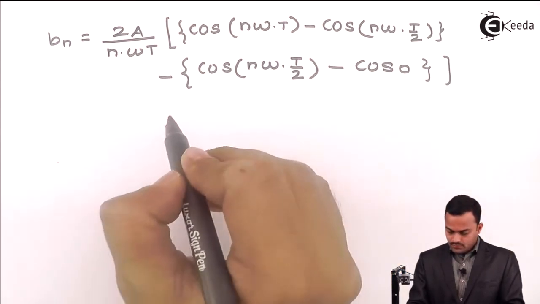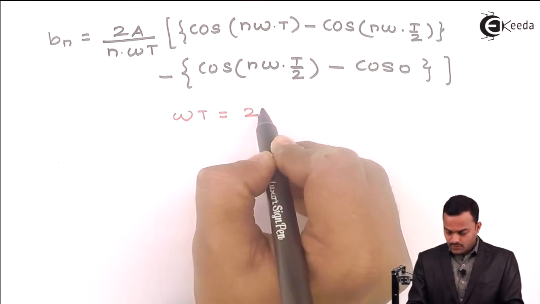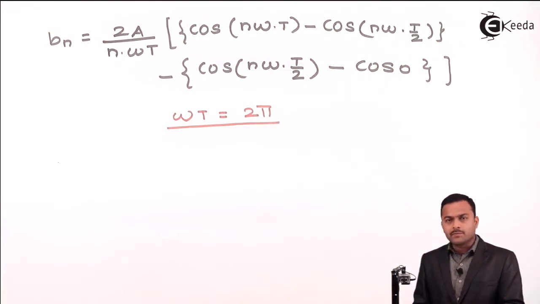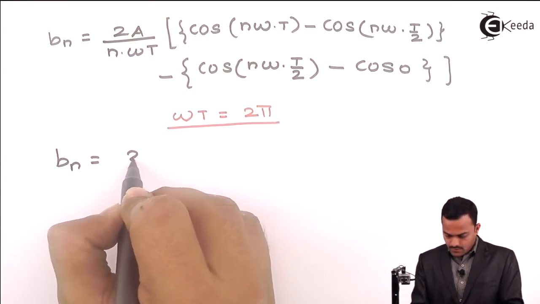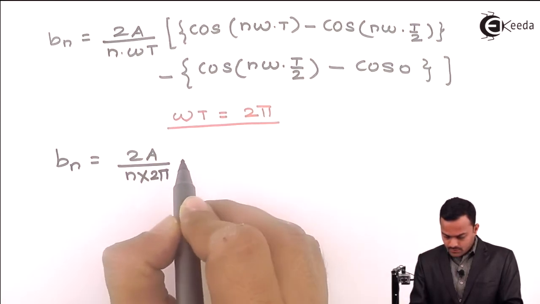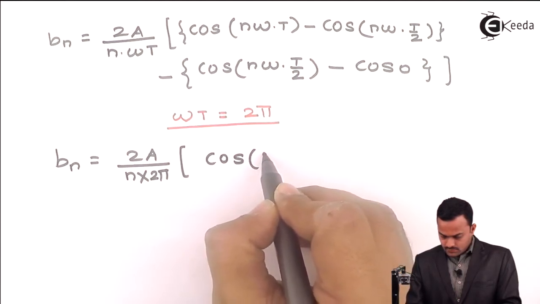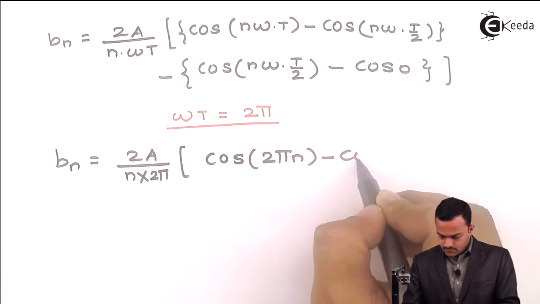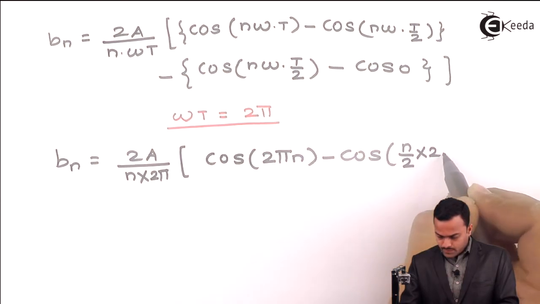Now since we know omega capital T is nothing but 2 pi, wherever omega capital T is there, we will replace it with 2 pi, so that we will get Bn as 2a upon n into 2 pi, bracket cos 2 pi n minus cos n by 2 into 2 pi.